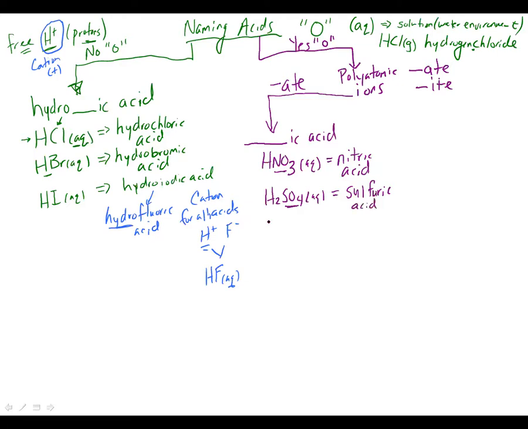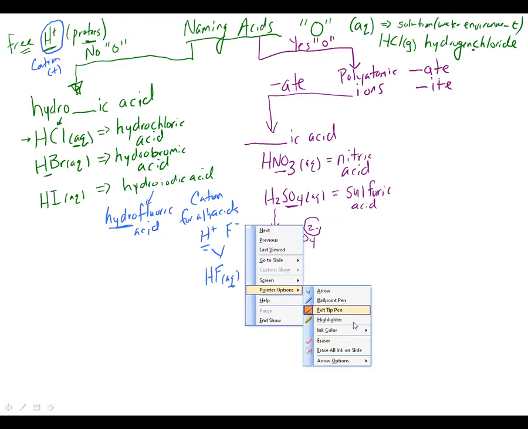The reason we have two H's here is that the cation for an acid is H plus and the sulfate is -2, so it really is an ionic compound. We need two H pluses to balance out the charge: +2 along with -2 gives us 0. So if you put the formula together, you want to make sure you get to 0, and the positive guy is always H plus.